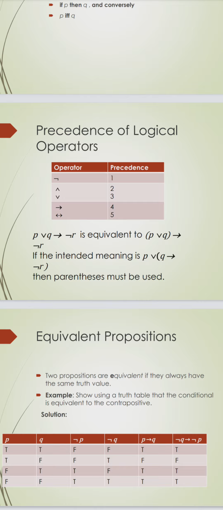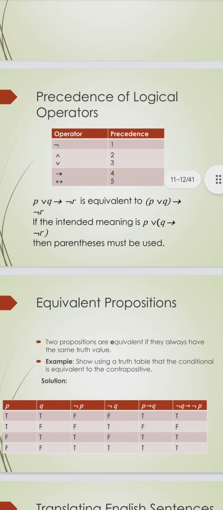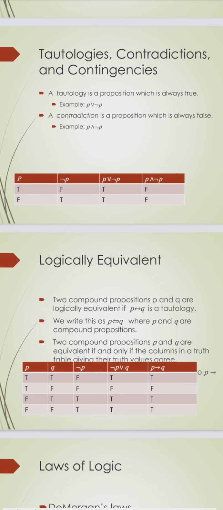Then P or Q implies negation R is the same statement, if the intended meaning is P or Q implies negation R. Otherwise parentheses must be used.